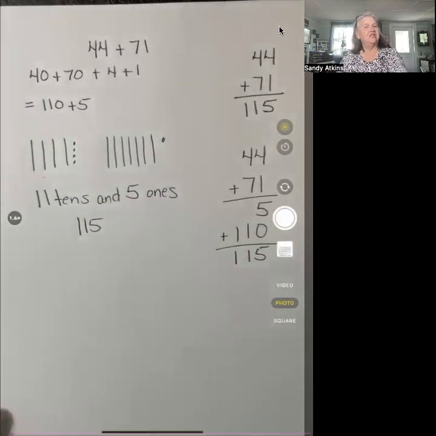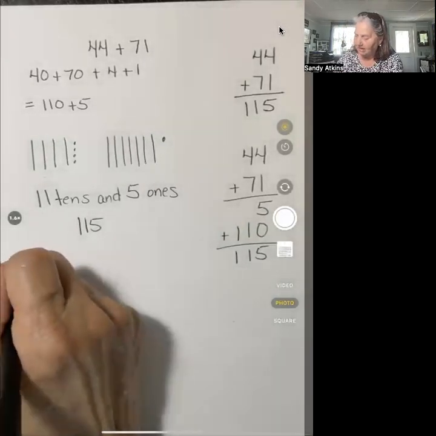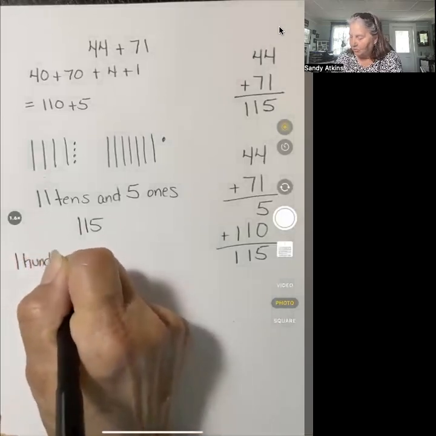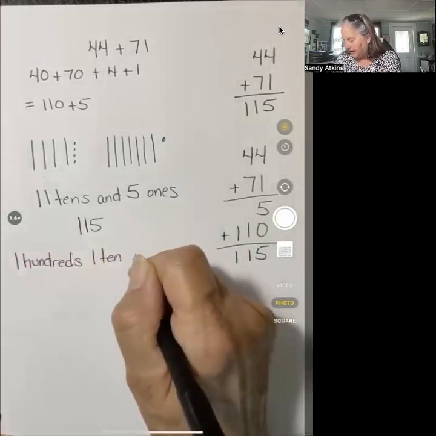Now, with these, there really is no regrouping involved, right? We can talk about the number of tens and another way to make 11 tens. What's an alternative way? Well, I could make it with one of the hundreds and 110, and then the 5 ones.